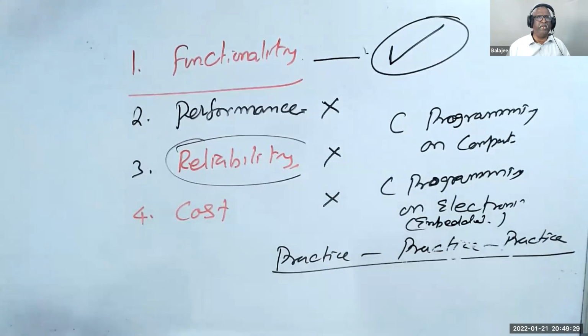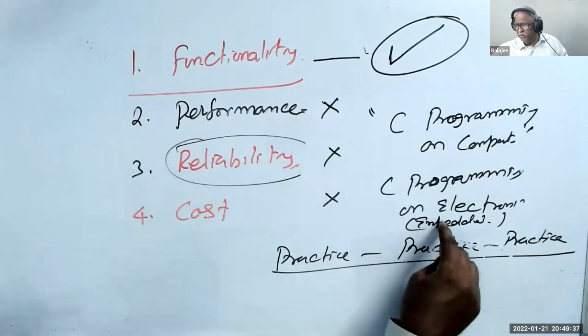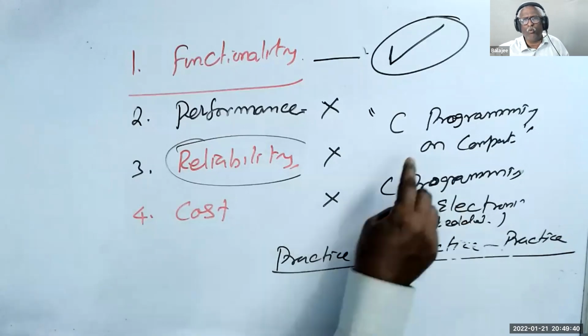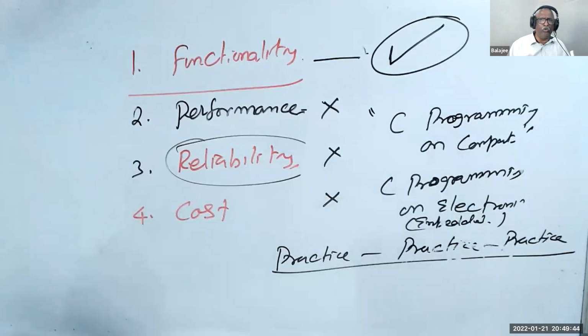Don't get confused, both are the same. So right now, you master this. As I told you, in about one week, when you start embedded system programming, you will really know why I'm telling you that. Without practicing, don't come there, that's a waste.